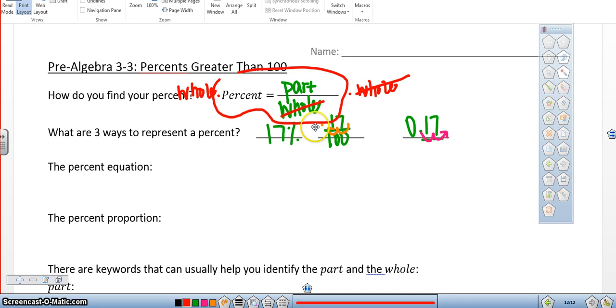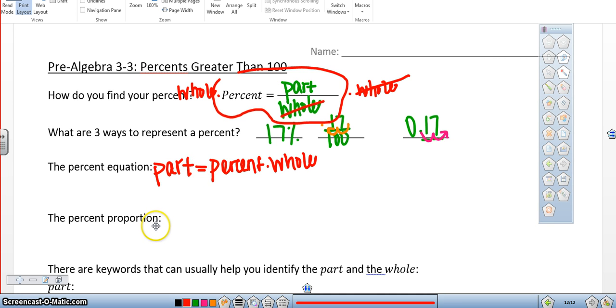The wholes cancel out, and we see what we call the percent equation. Whole times percent equals part. Or if we write it the other way, part is equal to the percent times the whole. This is called the percent equation, and it can be used to help you solve questions involving percents.